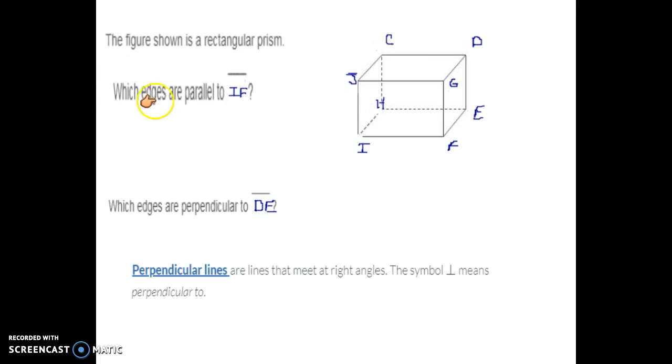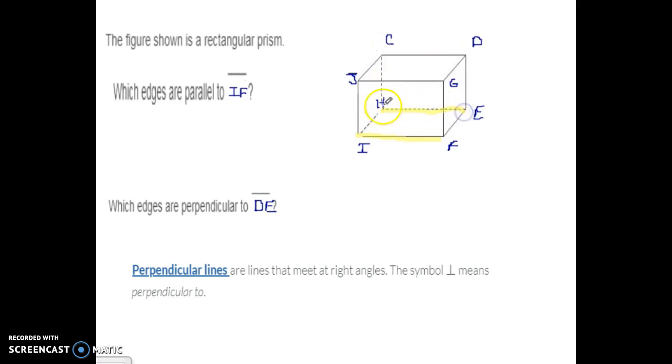The next question is which edges. They give you a rectangular prism and they say which is parallel to IF. So let's take a look at IF. IF is right here. So if we wanted to look at all the edges of the prism that are parallel to IF, we might start with this one.